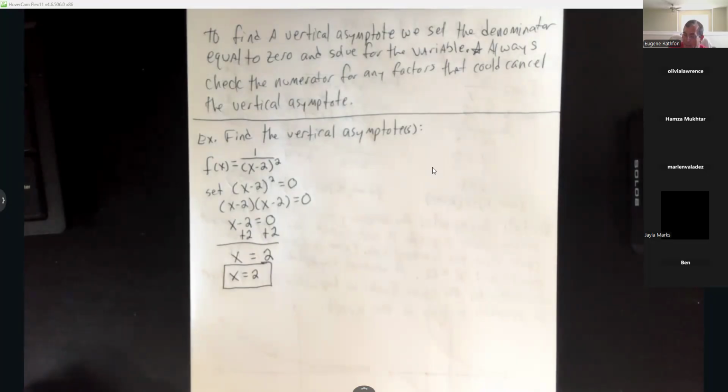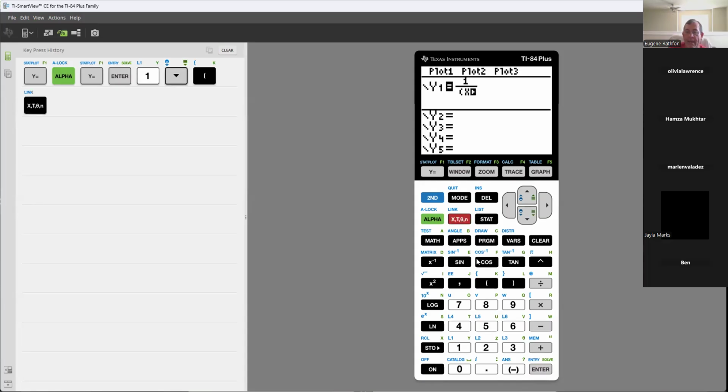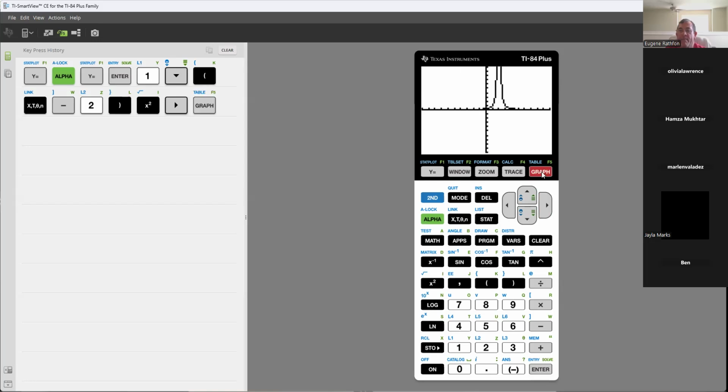So y'all let me go to y equals, I'm going to do alpha y equals enter to get the fraction. On top it had a 1. On the bottom it had an x minus 2, and that was squared. Now remember, at positive 2 I had an asymptote. So let me graph it.